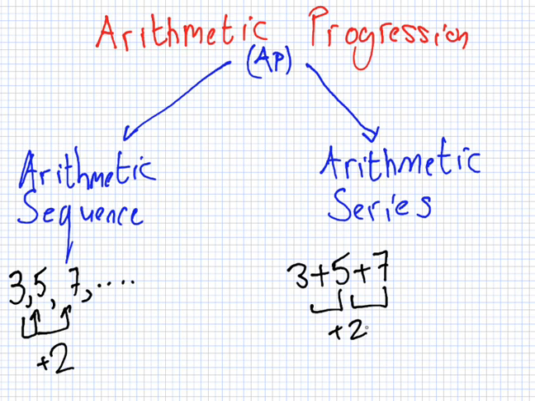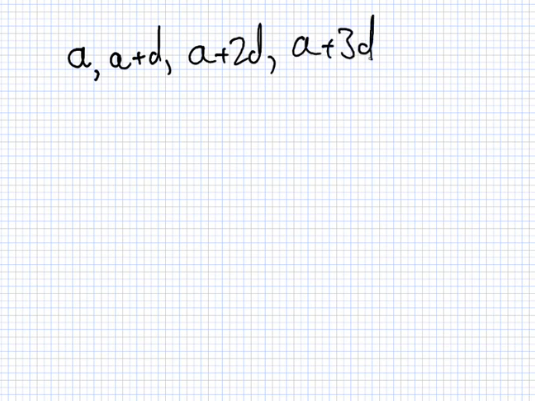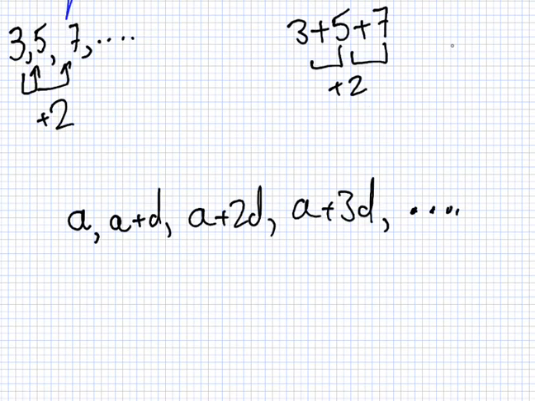Okay, can I scroll down? So the idea with an arithmetic sequence is we start with a number, and then we add a number to it, and then we add the number again, and then we add the number again. So this is what's happening each time. In my last example, we started with 3, and then we did plus 2, and then plus 2 again, and then plus 2 again.